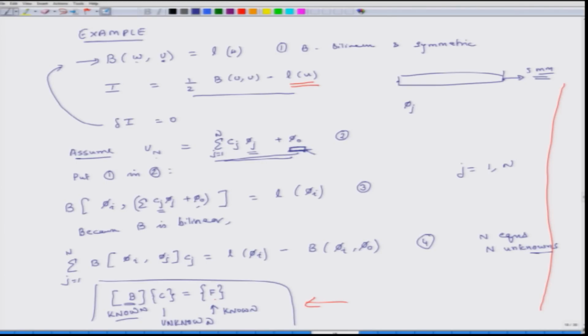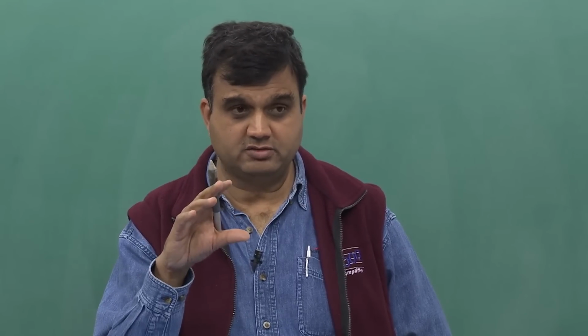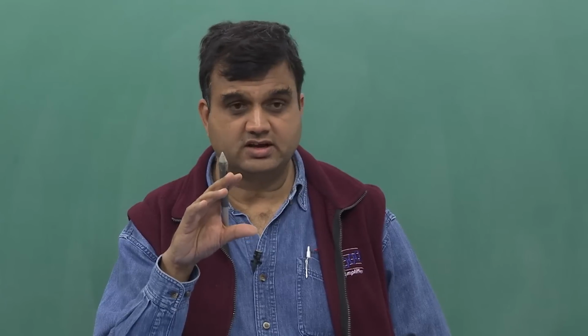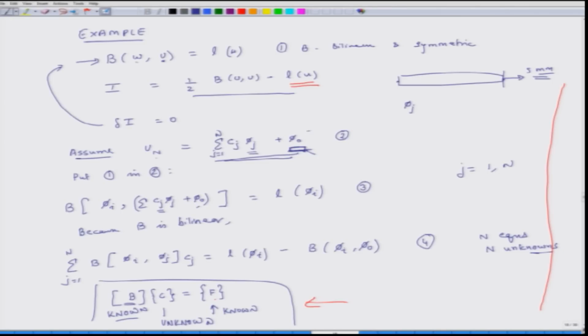So, that takes care of the non-homogeneous essential boundary conditions related to primary variables, while these phis take care of the homogeneous conditions related to primary variables. We had discussed this earlier. Homogeneous condition means things are equal to 0. If there is a non-homogeneous condition, then this phi 0 term takes care of that. That is why we introduced this term phi naught. But the mathematics is identical, so we do not have to worry about it.